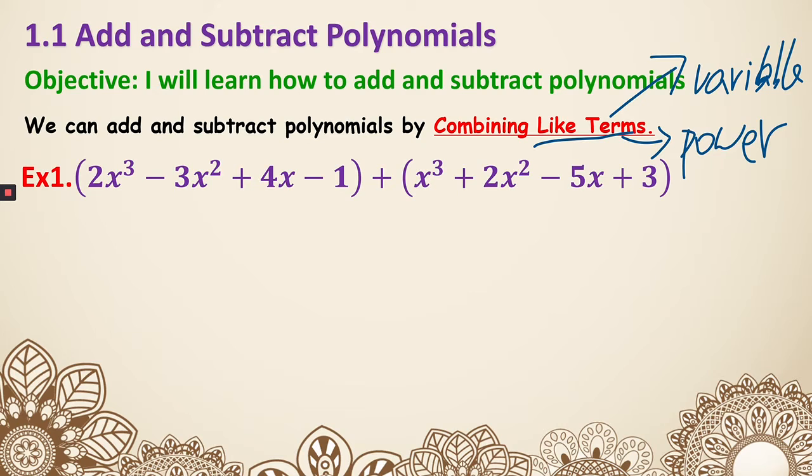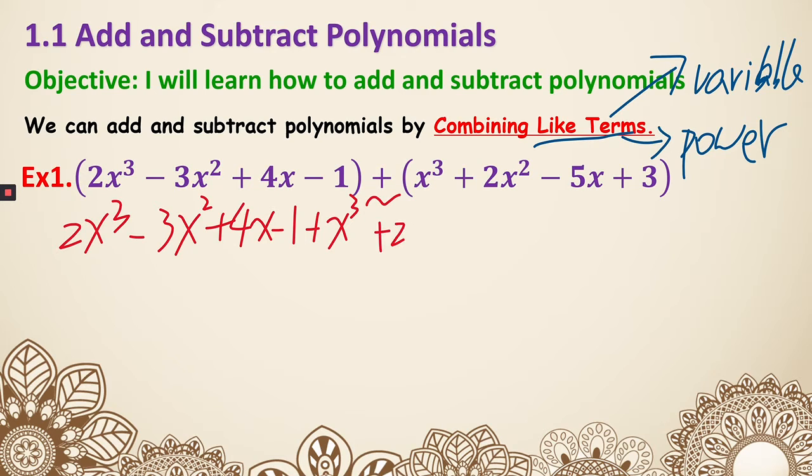So first, for this example 1, let's get rid of the parentheses. Since the plus sign, nothing needs to be changed, so we just copy it down. 2x cubed minus 3x squared plus 4x minus 1 plus x cubed plus 2x squared minus 5x, then plus 3.